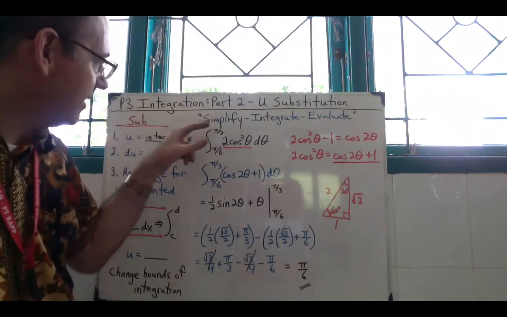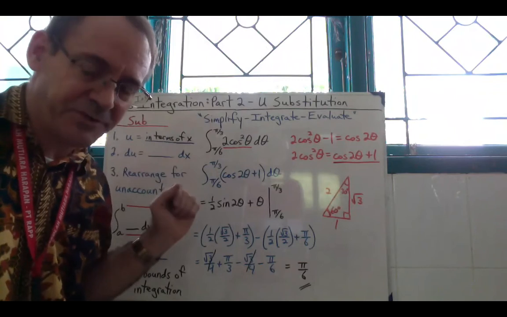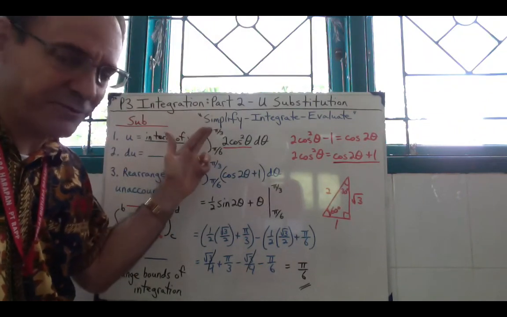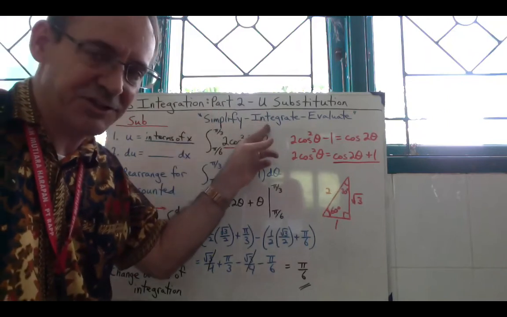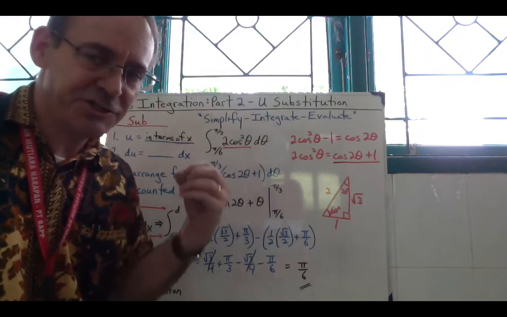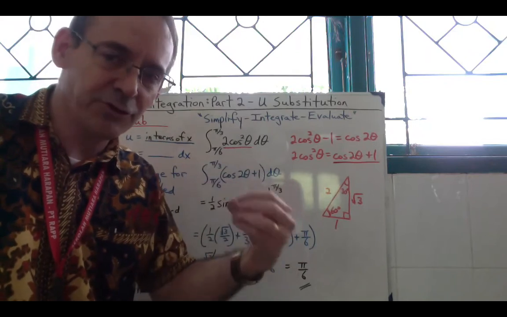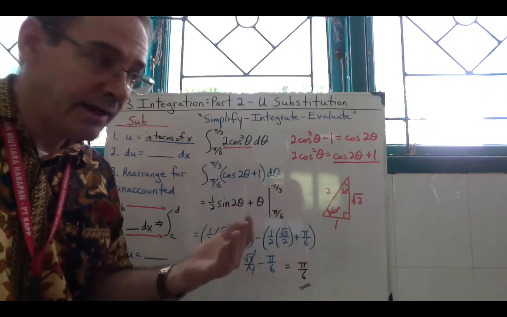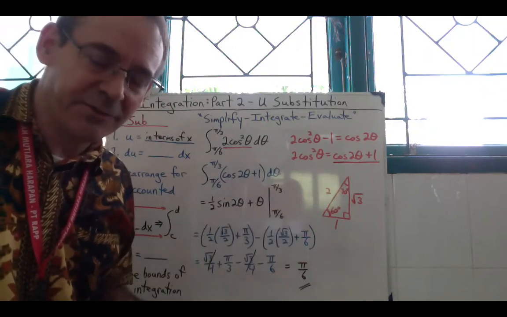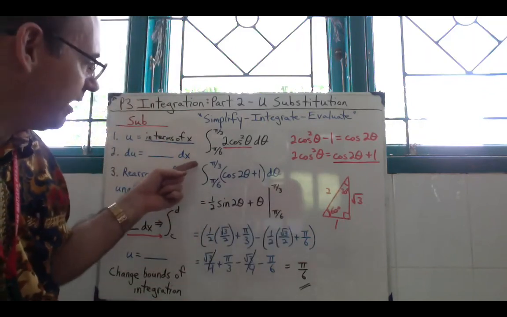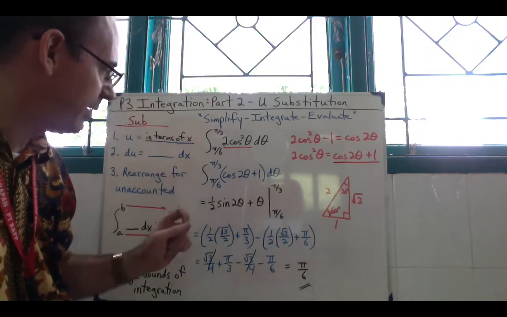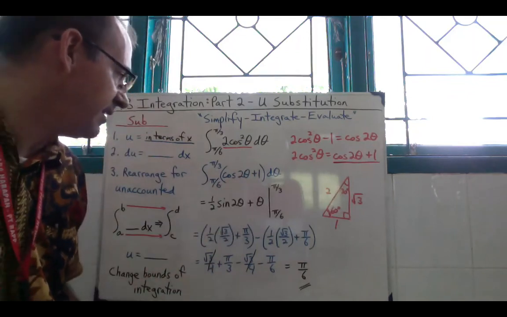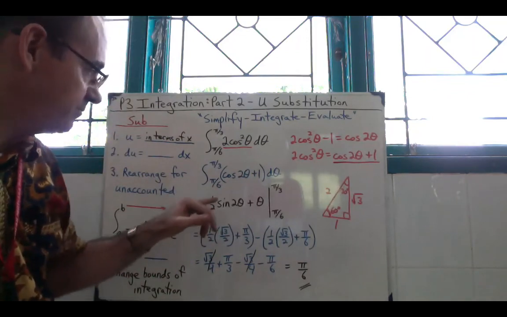So even though we already did the substitution method, we still have to do a little bit of simplifying before we can integrate. Your integration should be carrying out those basic formulas that you have in your worksheet. So we have the integral from pi thirds to pi sixths of cosine 2 theta plus 1 d theta. Now we can integrate.